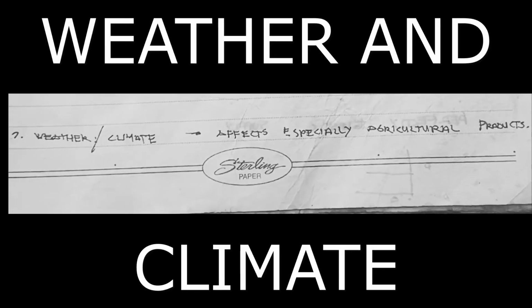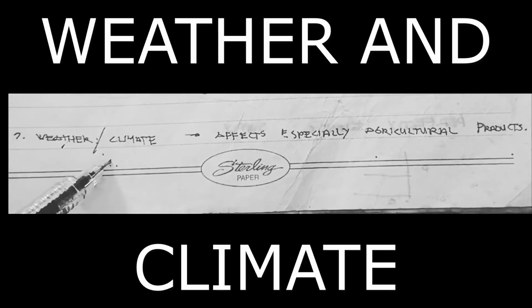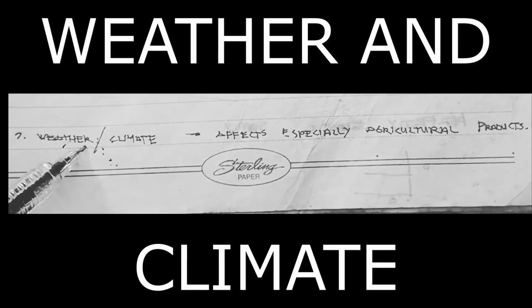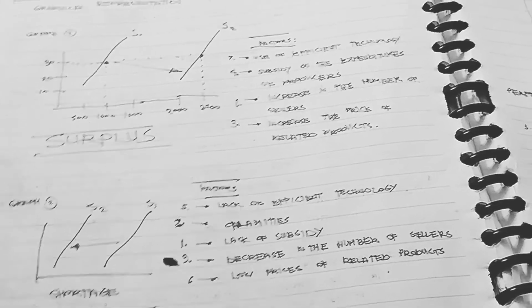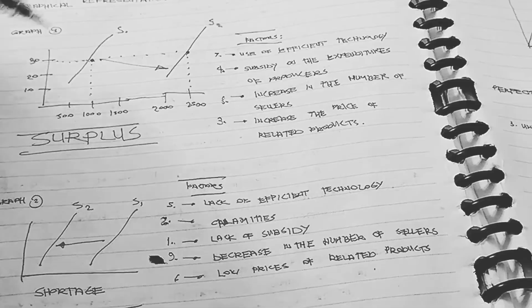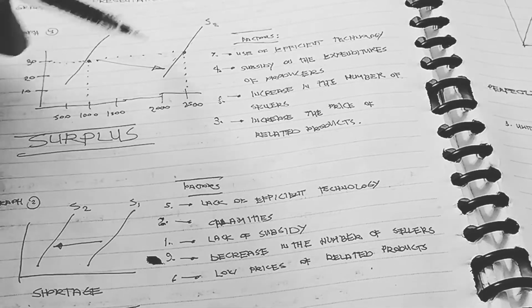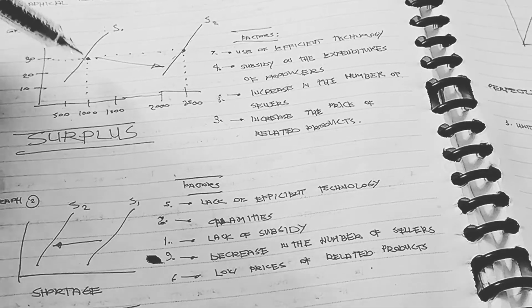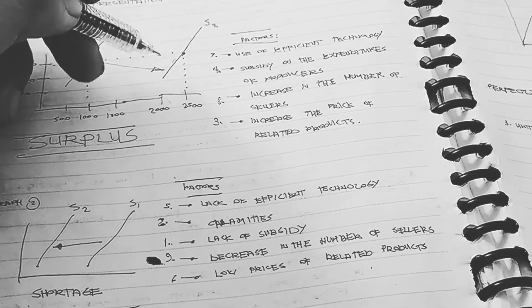Calamities such as typhoons, heavy rains, floods, and excessive heat affect production of farm crops, resulting in the decrease of supply. So you can see here our supply curve from S1 to S2. Our S1 shifts to the right.